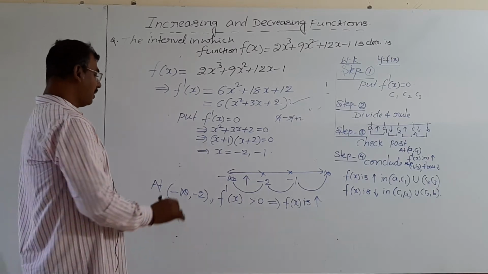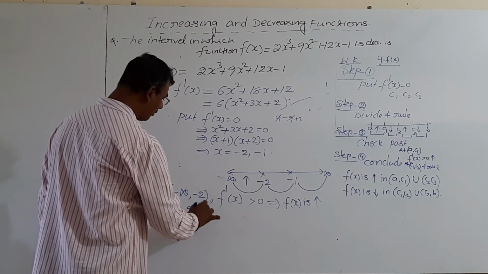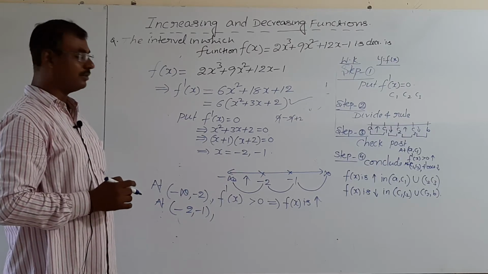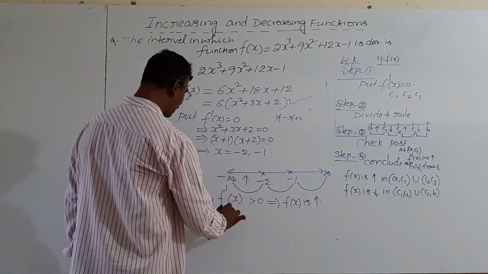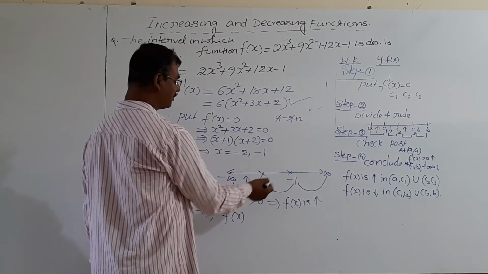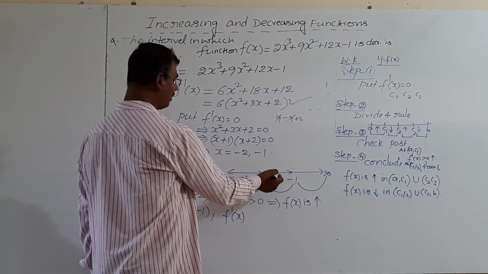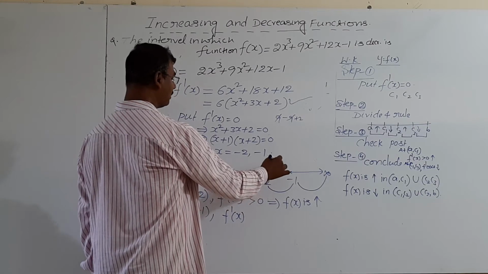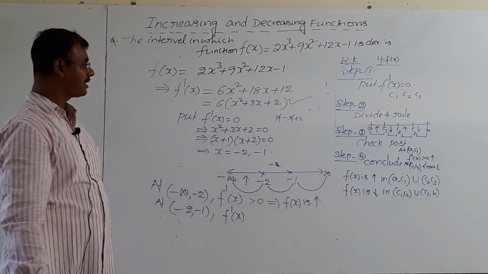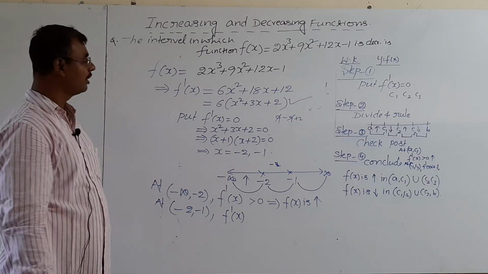Now take the next subinterval, -2 comma -1. In this interval, what is the f dash of x? You take any number. Shall we take -3/2, that is -3 divided by 2, -1.5?